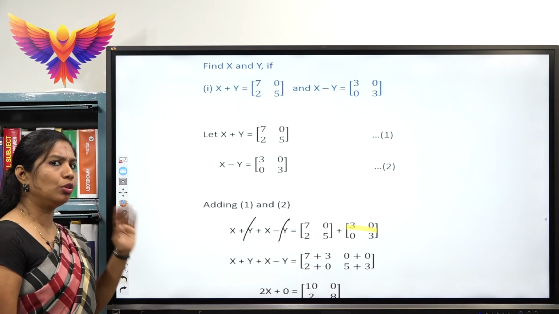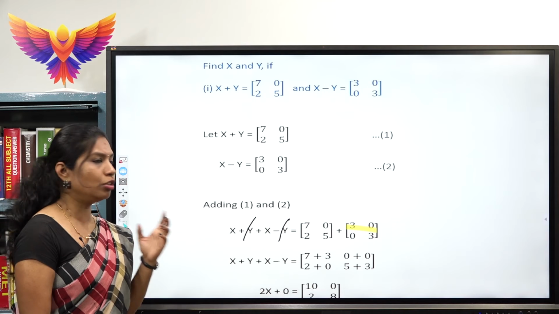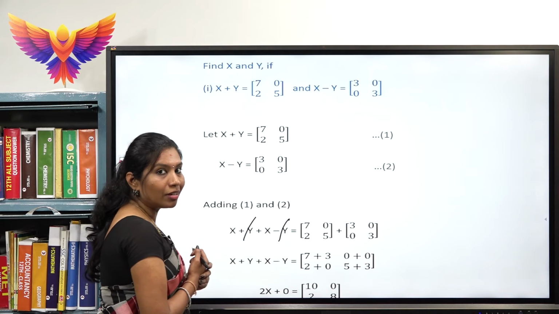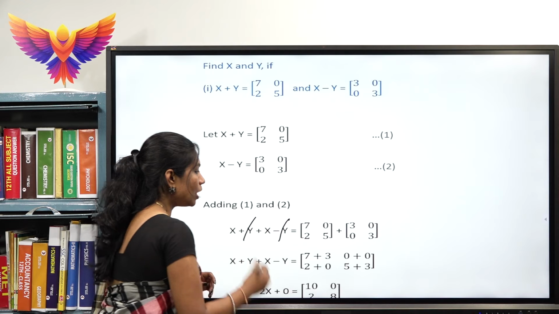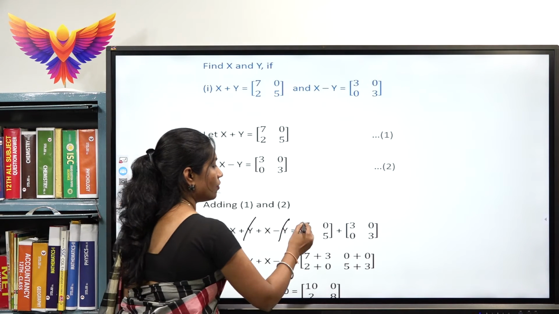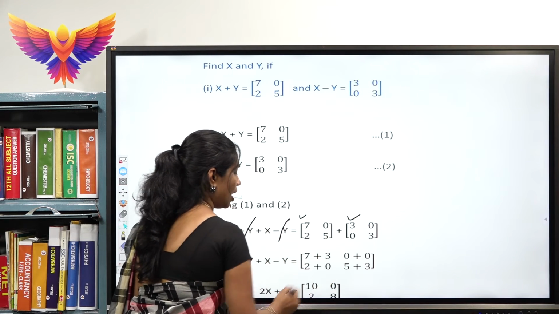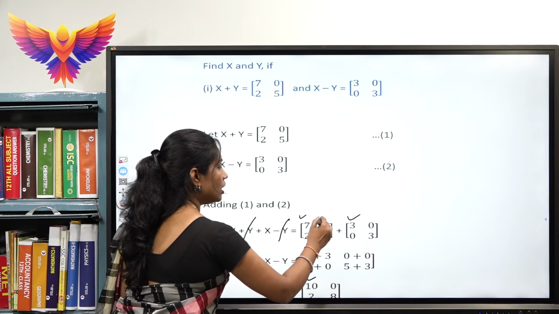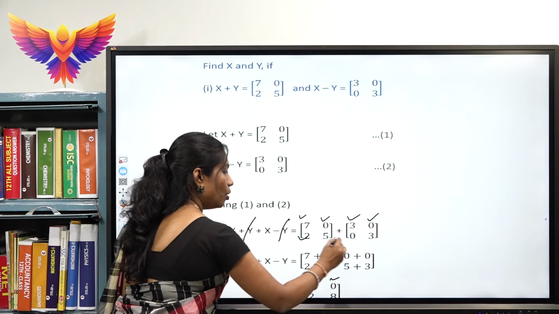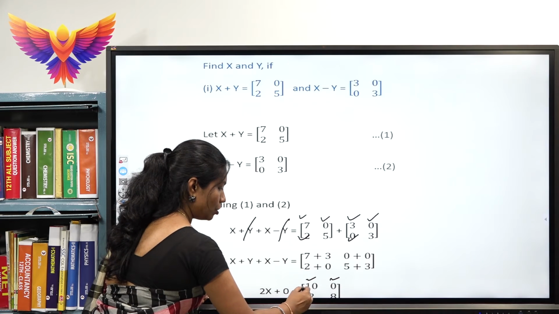Both are 2 cross 2 matrices, so both the matrices can be added. So how do we do that? Only if the order is the same, we can add it. So corresponding elements need to be added. 7 plus 3, I will be getting 10. Then 0 plus 0, I will be getting 0 here. 2 plus 0, I will be getting 2.